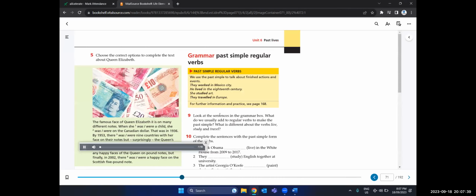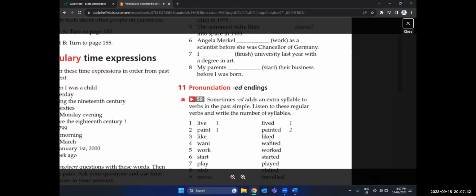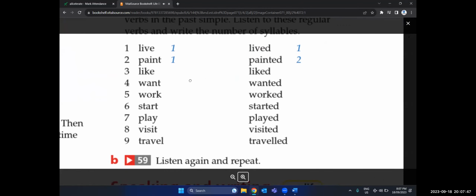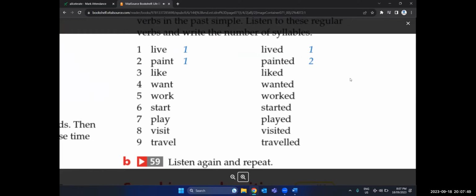Track 59. Unit 6A. 1. Live. Lived. 2. Paint. Painted. 3. Loved. 4. Want. Wanted. 5.